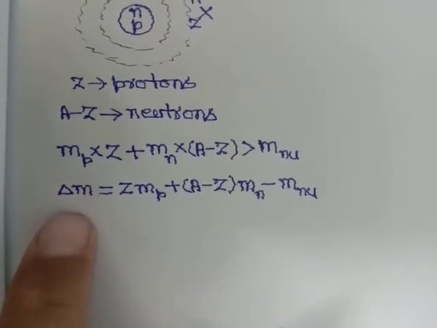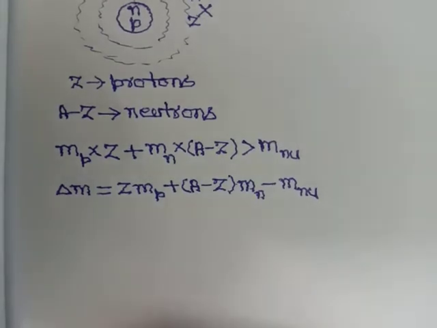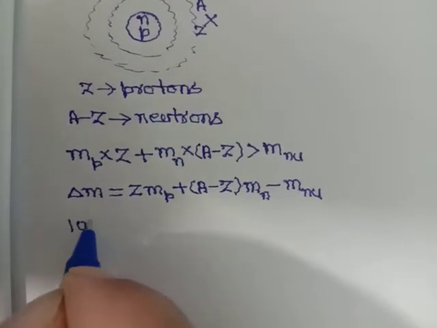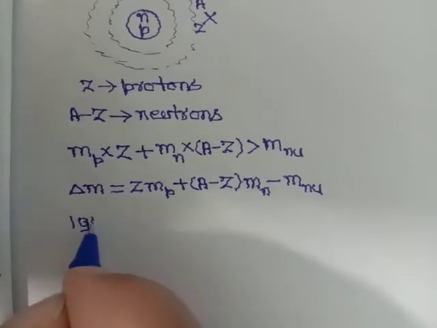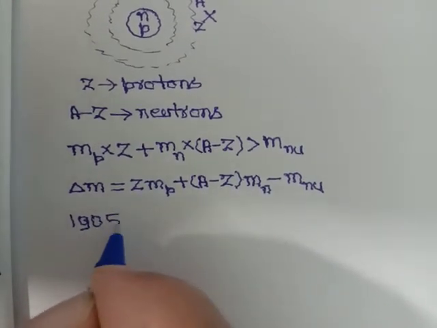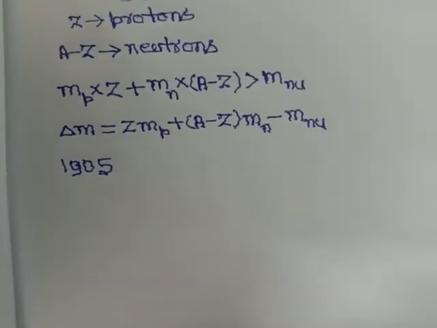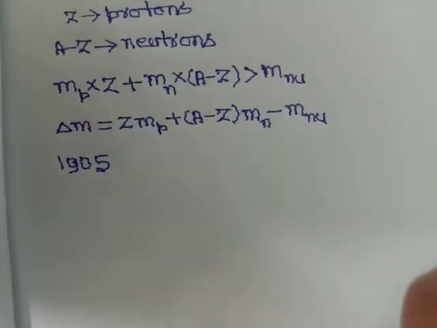So Einstein in 1905 suggested that mass and energy are interchangeable.